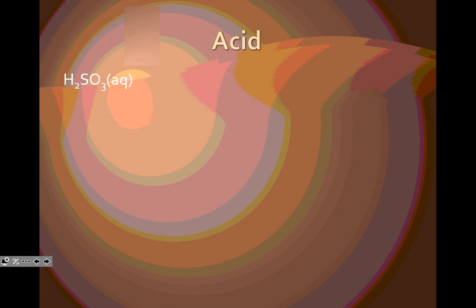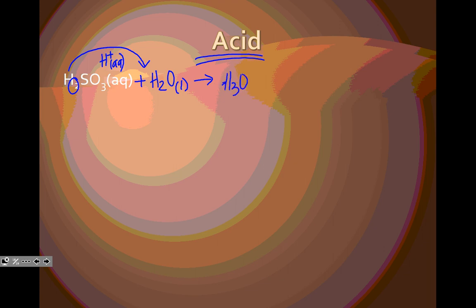So here's an example of an acid, and I'll tell you to show me if it's an acid or a base. Now let's take a look at this. It's going to react how many times, kiddos? 2 times, right? So it's going to react with water. So I have to show that it's reacting with water. And what's going to happen is one of the hydrogens leaves, and it's going to form H3O plus aqueous.